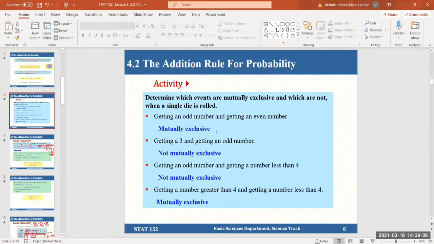A number can be odd and three; actually, 3 itself is odd. Getting an odd number and getting a number less than 4: yes, less than 4 can be 1 and 3, so the intersection exists. So this is not mutually exclusive. Getting a number greater than 4 and getting a number less than 4: greater than 4 cannot be less than 4, so it is a mutually exclusive event. Clear?